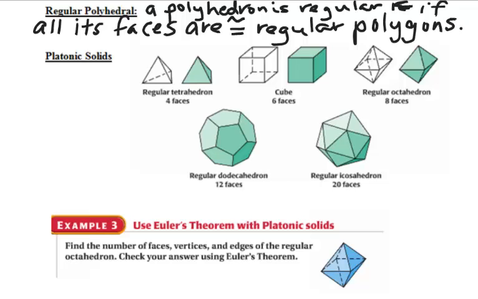If all of its faces, every single one, is a regular congruent polygon, then we have a regular polyhedron.